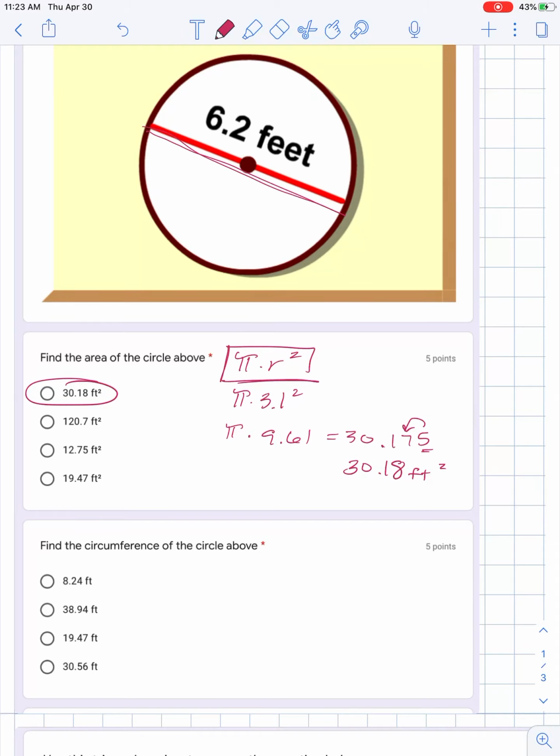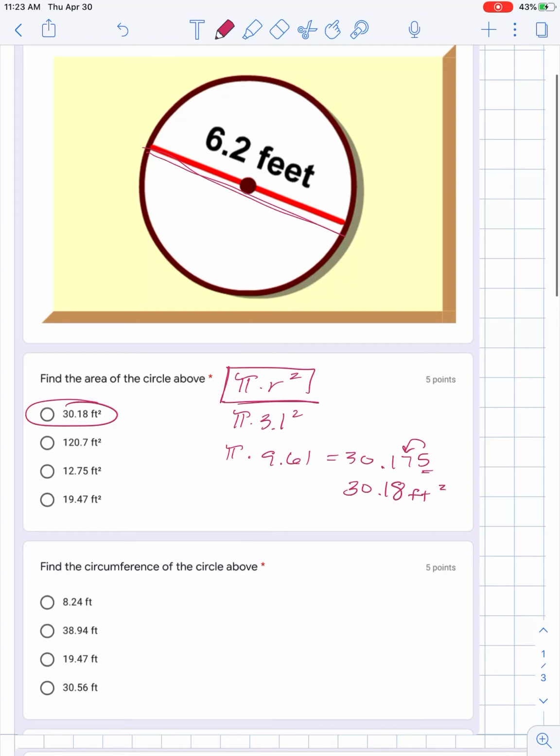The circumference, right, which is, think about it like the perimeter. It's that distance around the circle. We're going to find that by doing 2 times pi times the radius. So 3.14, which is pi, times 2 is 6.28 times, and again, our radius is half of the diameter, so that is 3.1.